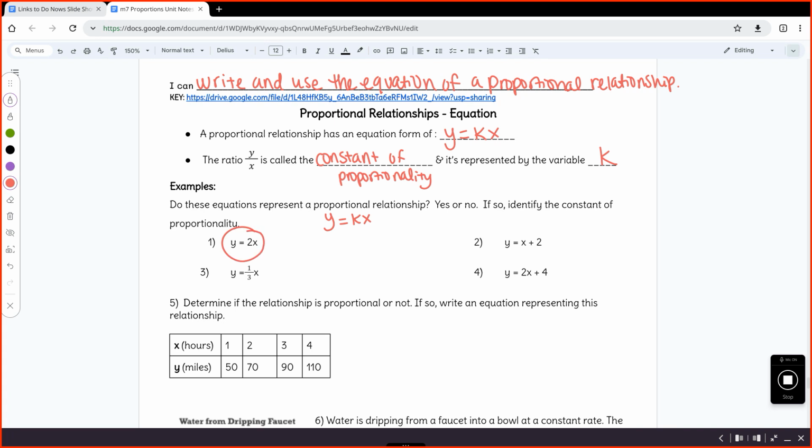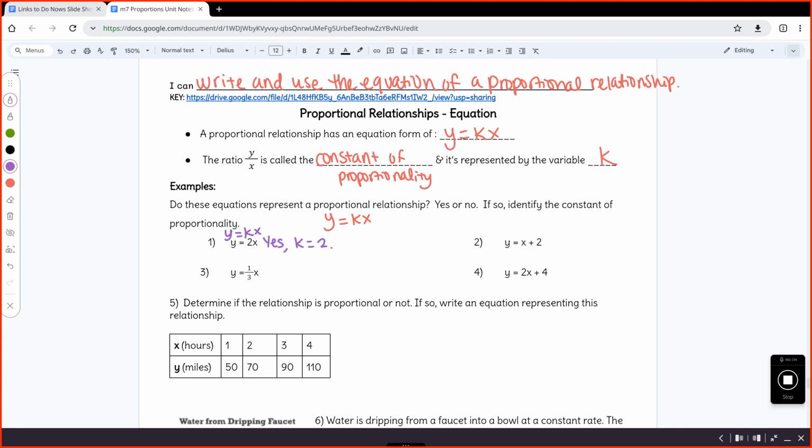Well, this does look a lot like y equals kx. So, yes, this is proportional. And if we write out y equals kx at the top, you'll notice it looks very similar. And in the k spot, there is 2. So yes, k equals 2 here.